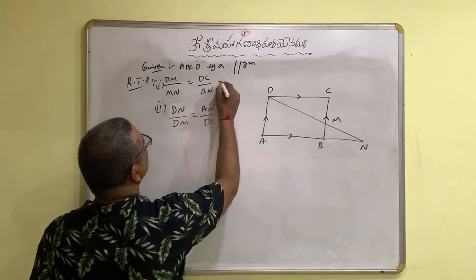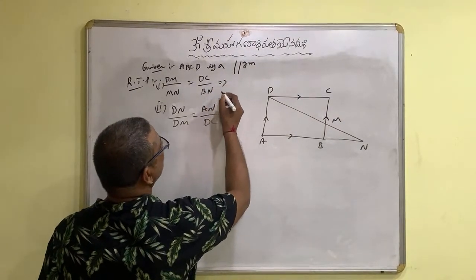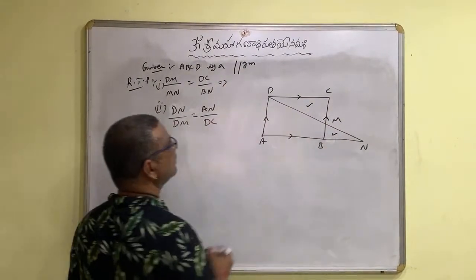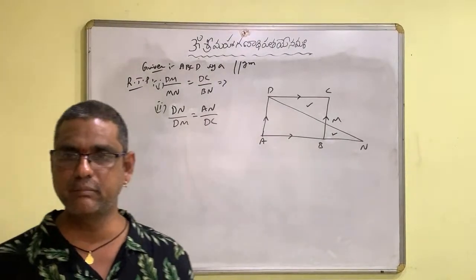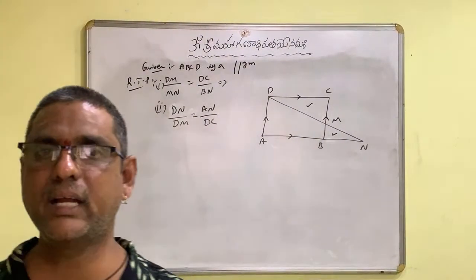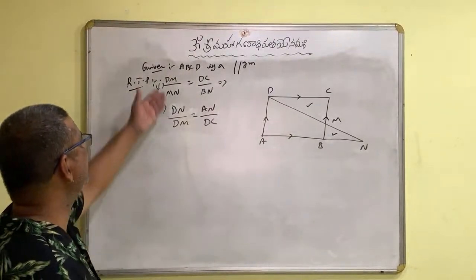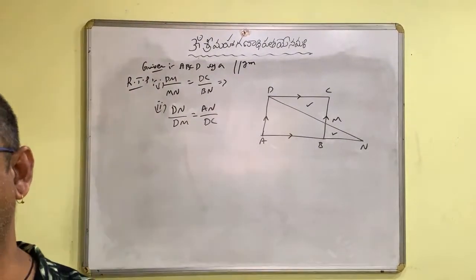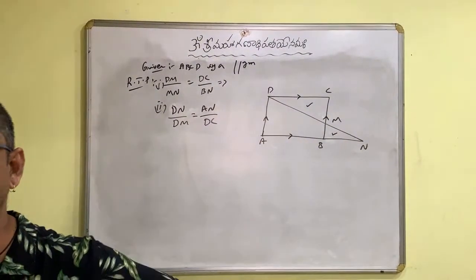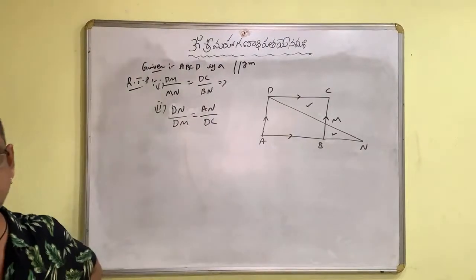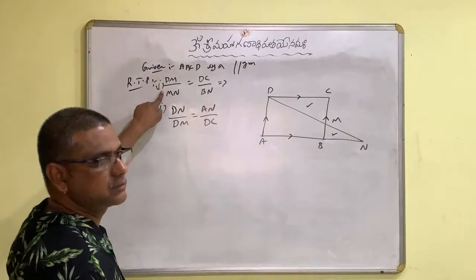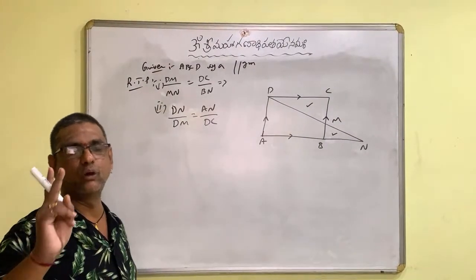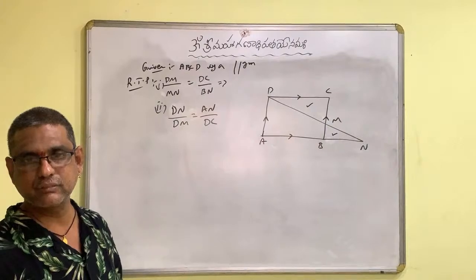Now this implies if we prove this triangle and this triangle are similar, then DM by MN is equal to DC by BN. This is what we have to understand. Once again, in order to prove this, we need to consider two triangles.